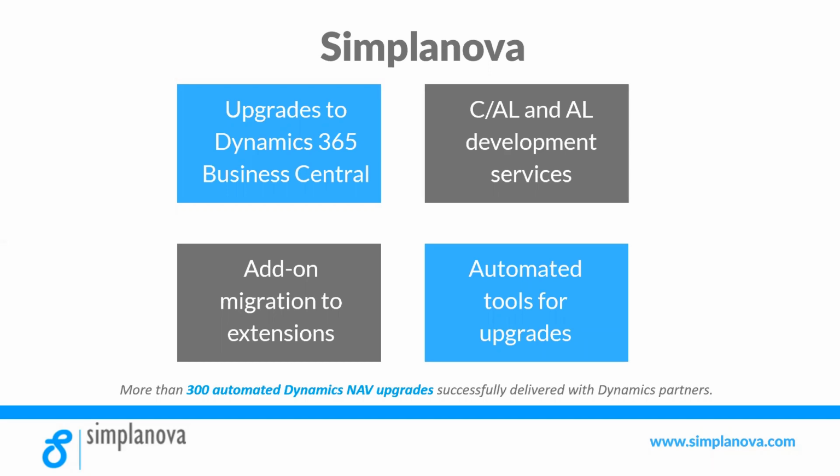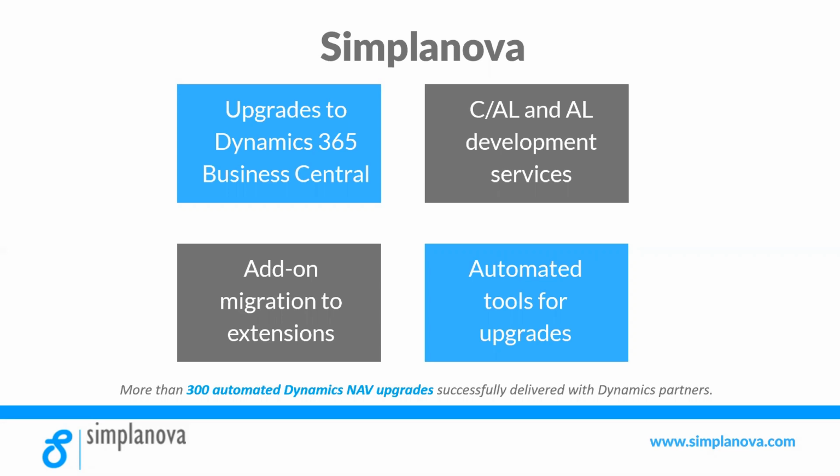And in general, I would say that we can divide the whole Simplanova in 4 different parts. As we started working with the upgrades, we have a team of experts in the upgrade field. We have a lot of competences while doing the upgrades from the classic versions to RTC, from RTC to RTC, or Business Central.